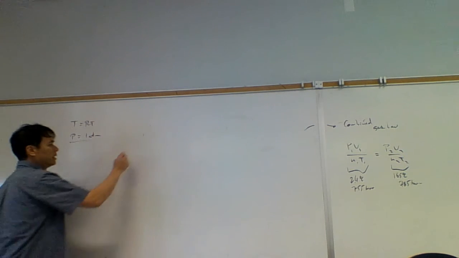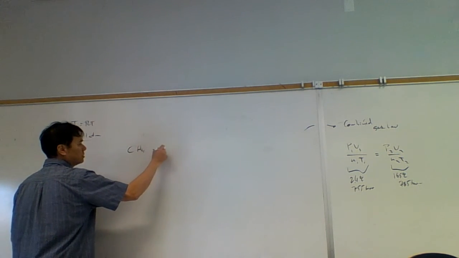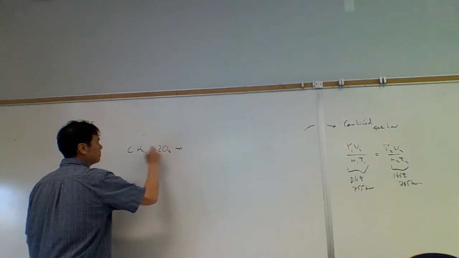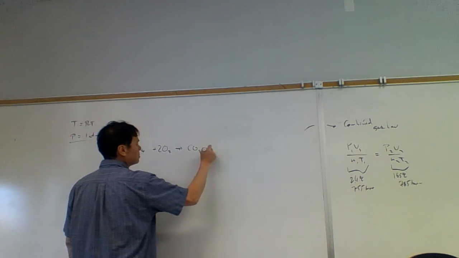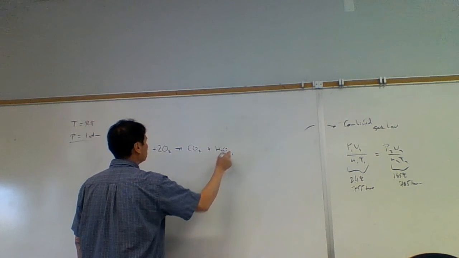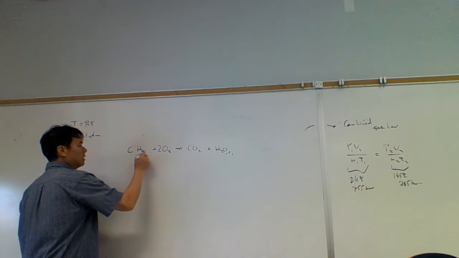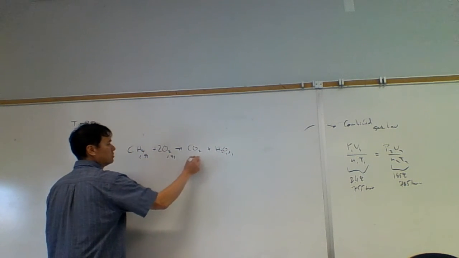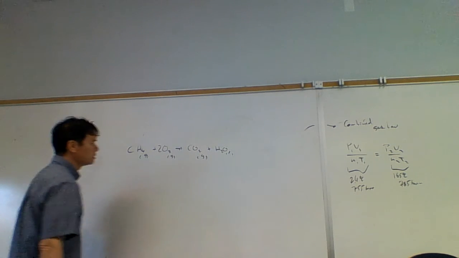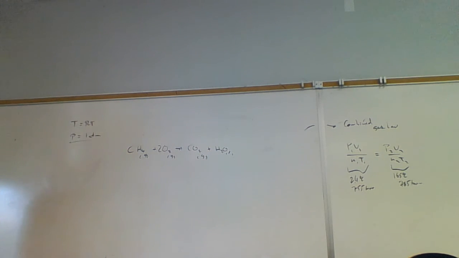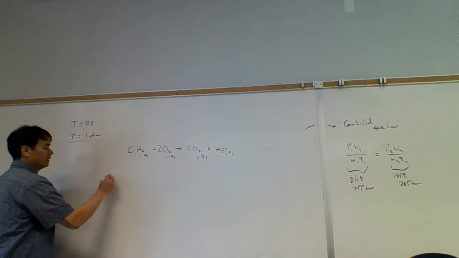And then we're looking at this equation, CH4 plus 2 O2 produces CO2 plus 2 H2O. CH4 is a gas, CO2 is a gas, O2 is a gas. We have 3 gases here. And so Avogadro's law says this. Let's take 5 liters of methane.